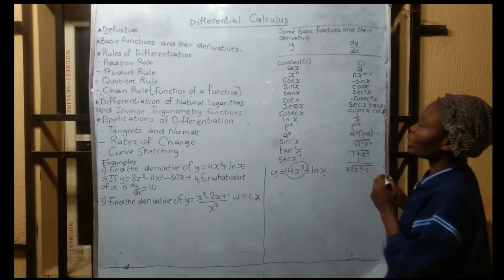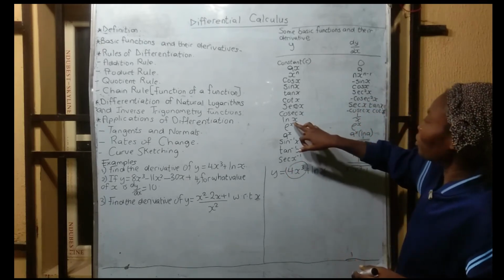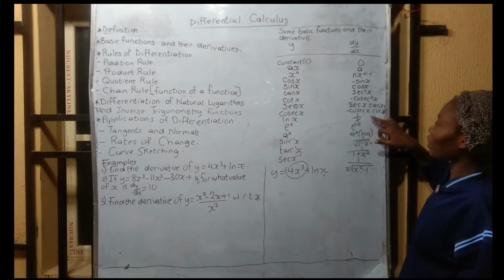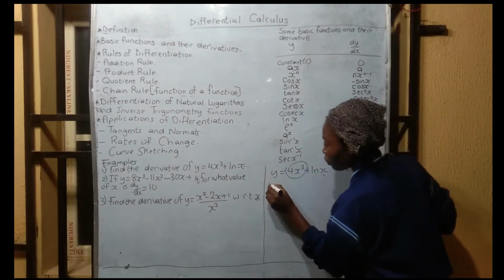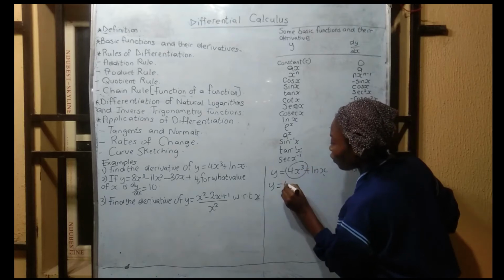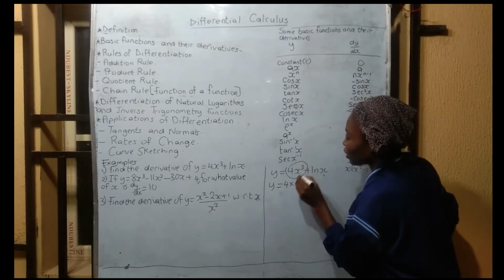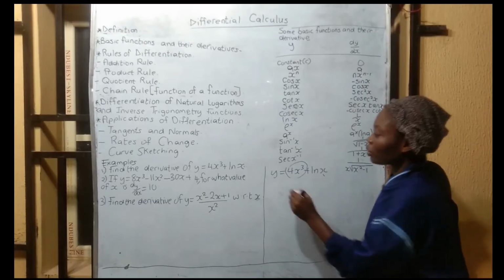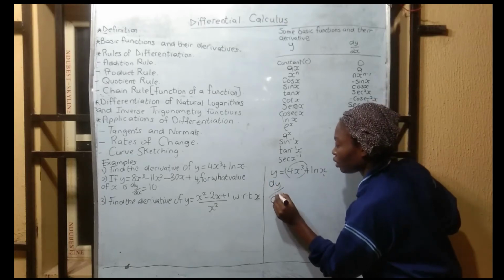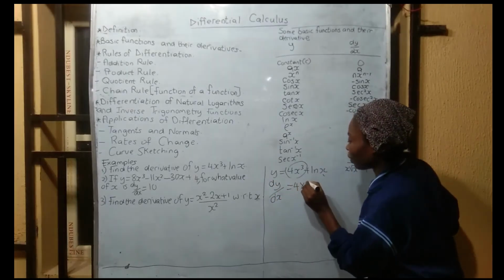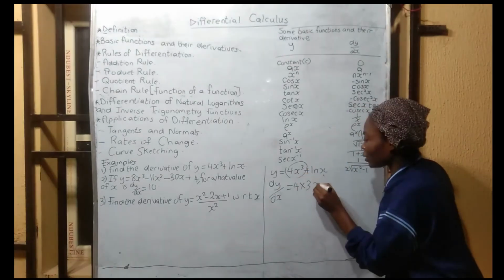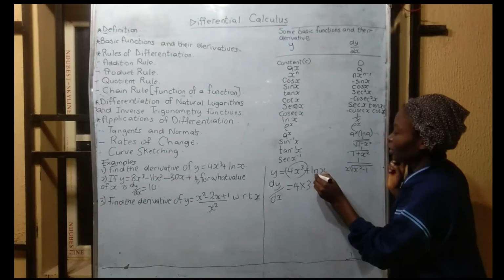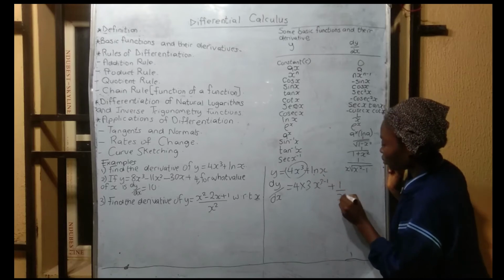Then for ln x, we know that whatever we differentiate ln of, the derivative will be 1 over that thing. So now let's see what we are doing. So y equals 4 multiplied by the power of x, which is 3, then x. dy/dx equals 4 multiplied by 3, then our variable x raised to power 3 minus 1, plus the derivative of ln x, which is 1 over x.